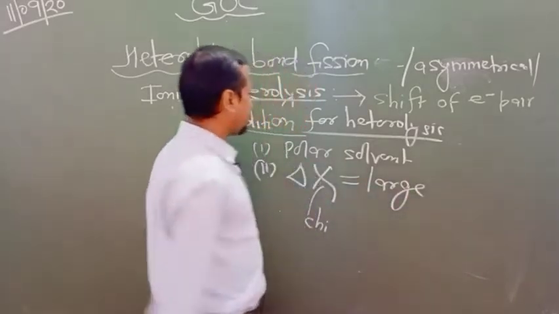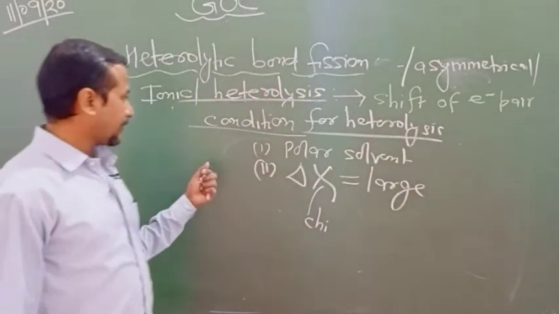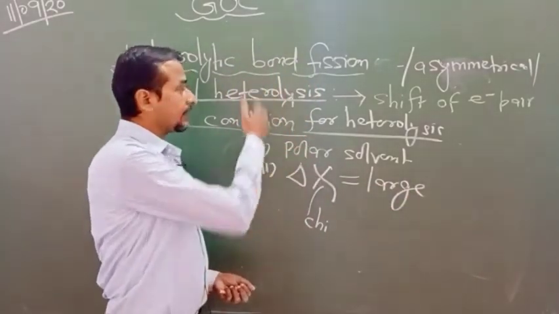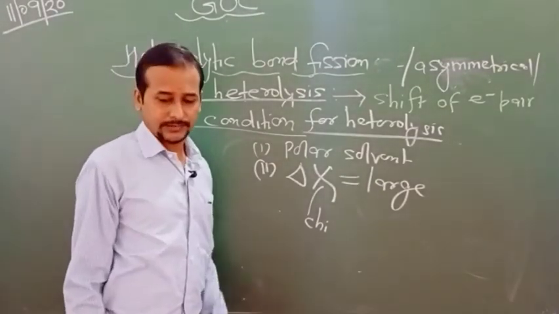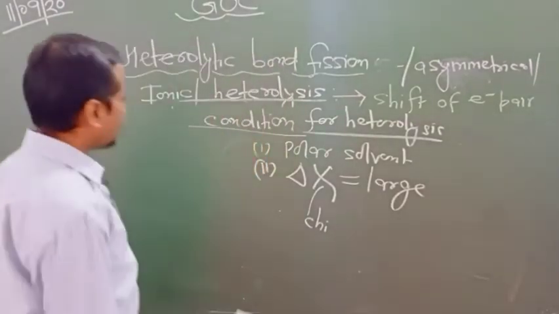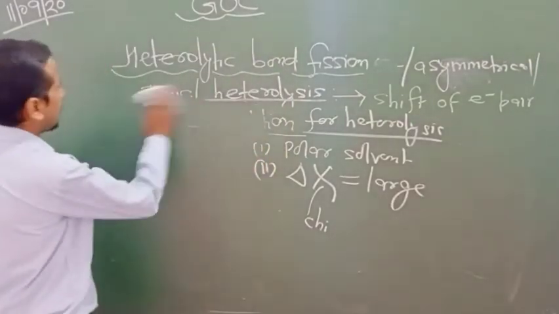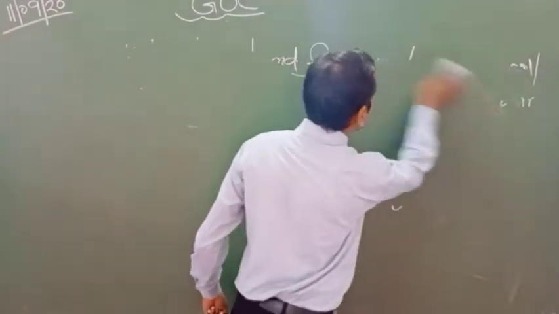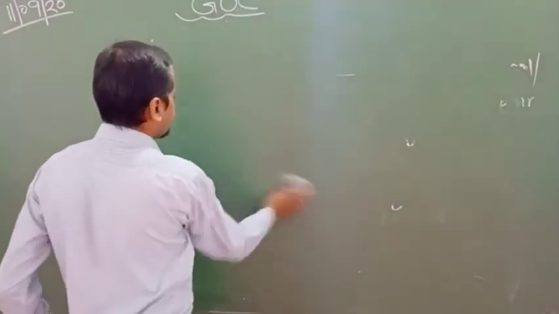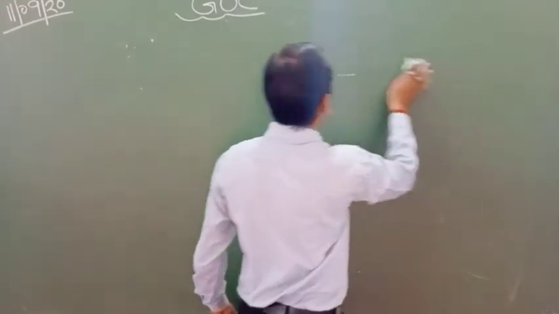In that condition, both indicate that the breaking of the bond takes place by heterolysis. So now this is all about heterolytic bond fission. That is also a basic requirement of organic chemistry and basically in reaction mechanisms.